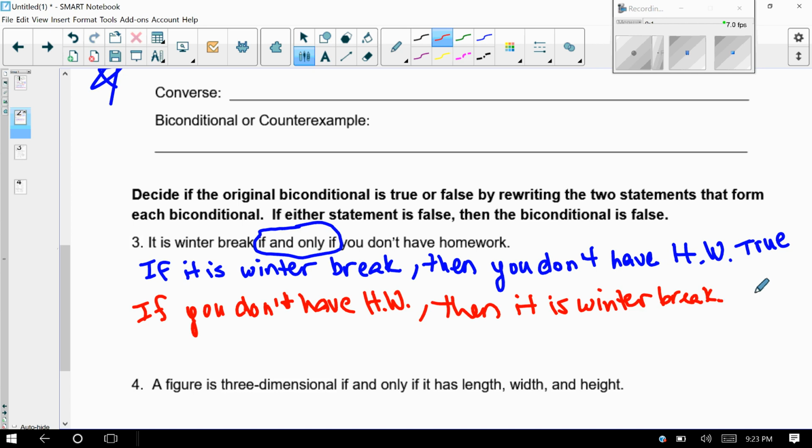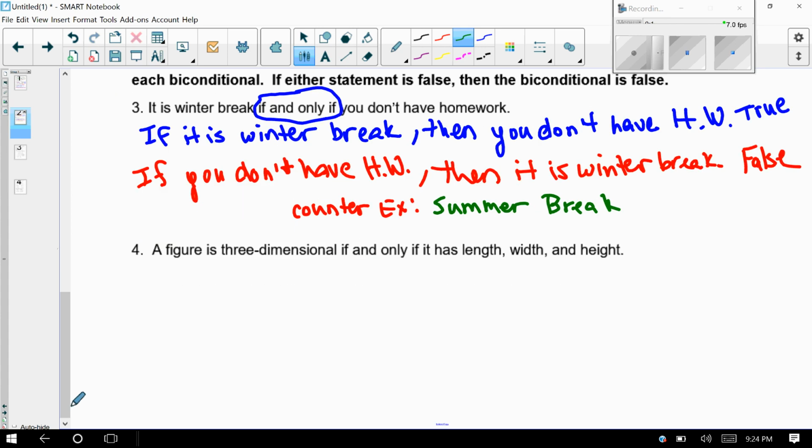Maybe you do. But what about summer? During summer, you don't have homework. So we're going to say this might be false. And remember, we have to give a counterexample. Don't forget, my counterexample is summer vacation. Write it down. Good. I want you guys to try the third one, or the fourth one.